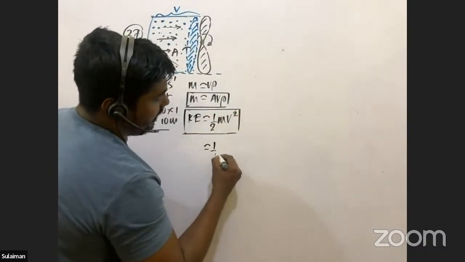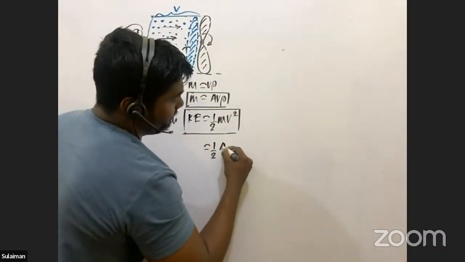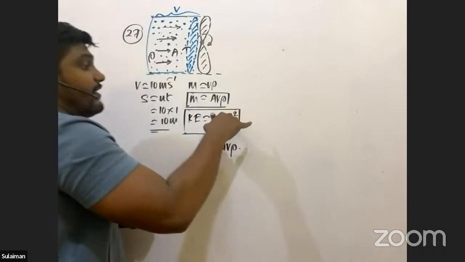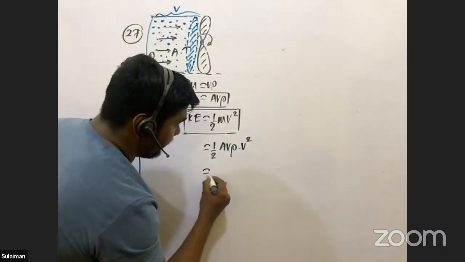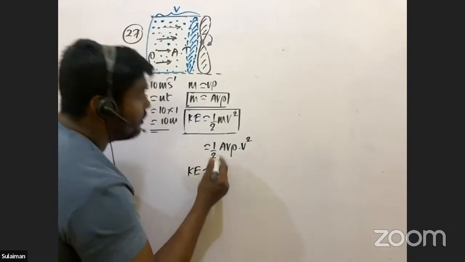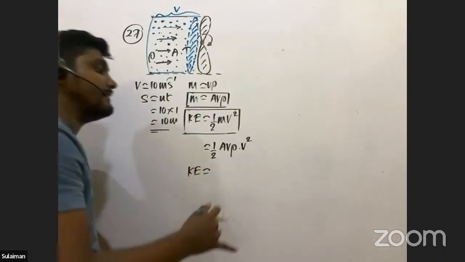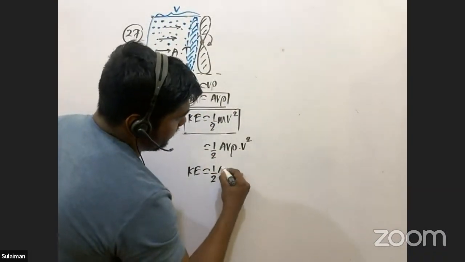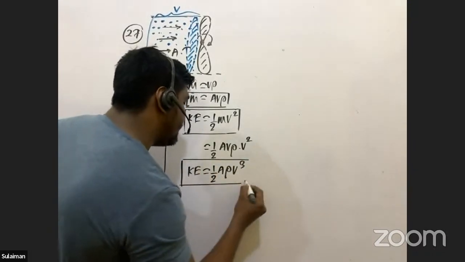Kinetic energy is half, mass of the wind passing every 1 second is A V rho, and the same velocity, v square. Then you can obtain an expression for the kinetic energy of the wind passing through the blades every 1 second: half A rho V cube. Now everything is very clear.